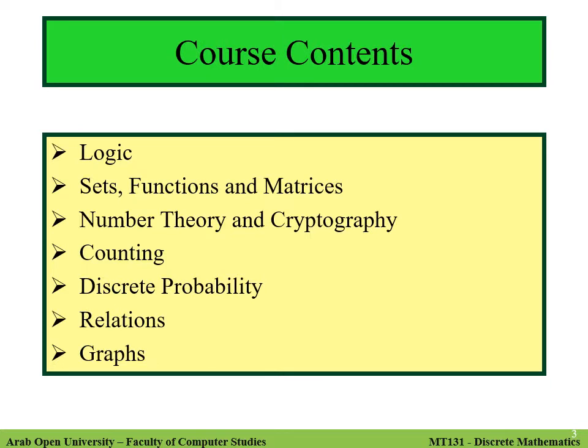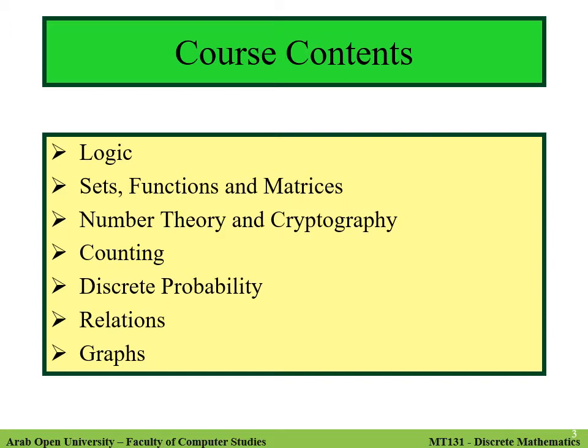These are the different chapters we'll cover. The details and the chapter numbers are all in the course calendar, which you can find in the LMS for the MT131 course. First chapter is logic, mathematical logic.